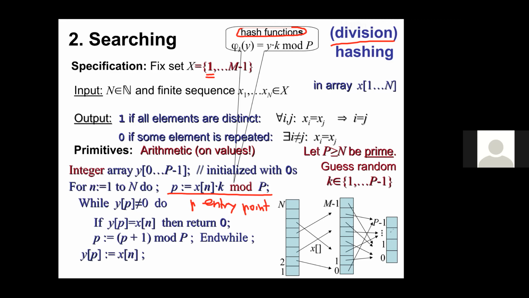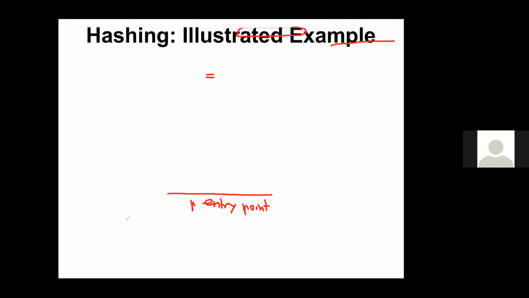You go up here until you reach the end, and then you start from the beginning. This is how you skip entries with the same value of xn. The memory consumption is O of p. I will say something again about the runtime. I said this last time, but I will repeat it.